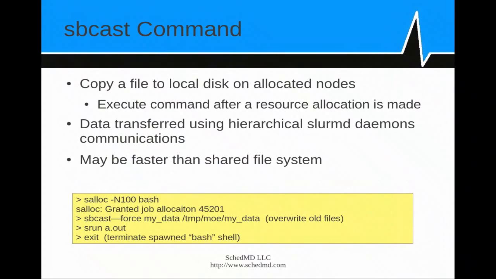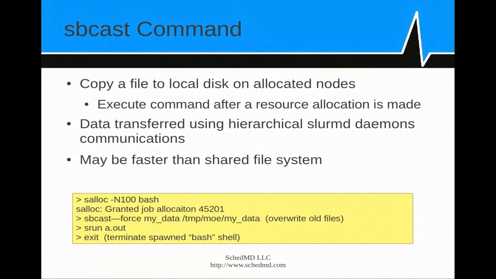sbcast, if you want to copy files to your local disk on your allocated nodes, say you want to put them on /tmp, or you want to put them into a memory mounted file system, you can do that. It uses hierarchical communications. It may be faster than a shared file system, or it may not be.